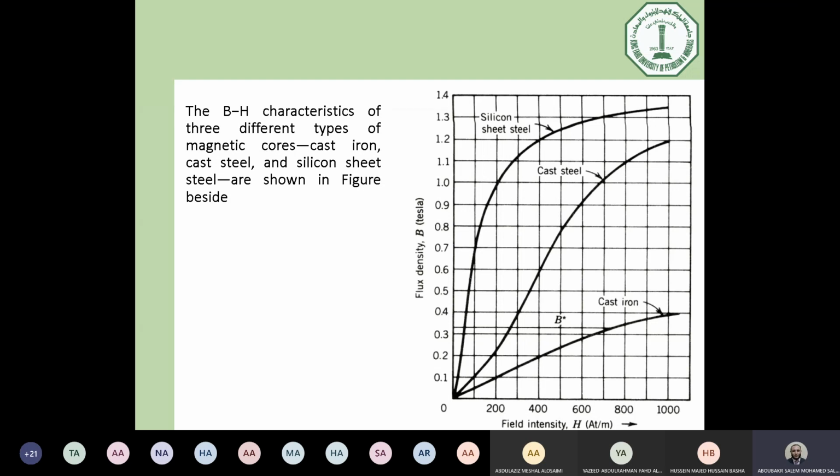Silicon sheet steel is very good for electrical machines, as you can see, because at a low value of current or low value of H, both of them are related to each other because H depends on the current as we described, so a low value of H or current can produce a high value of magnetic flux density. Right. So this is regarding the permeability of material. So we prefer the material that has high permeability.